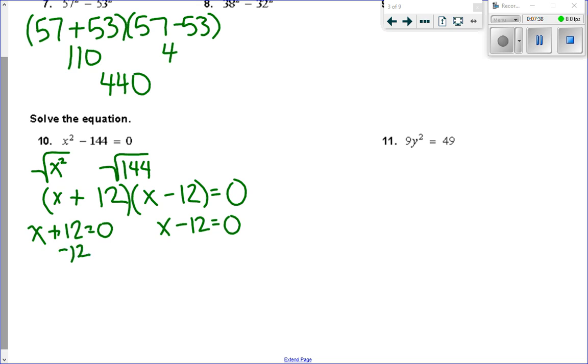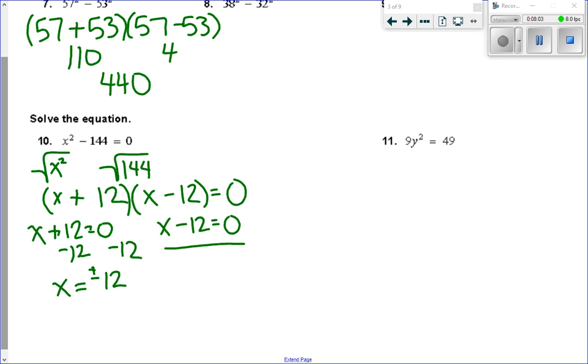We need to take that 12 and put it over here, which gives us x equals negative 12, but we know because of the other problem over here that we'll have a plus or minus 12. You can always go back and plug that back into the equation and make sure that gets you 0.